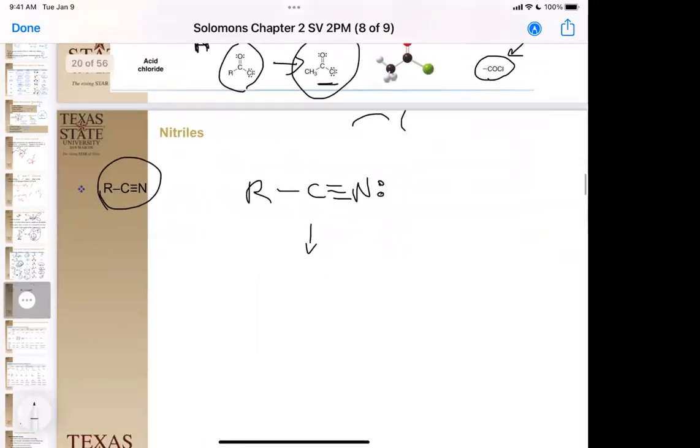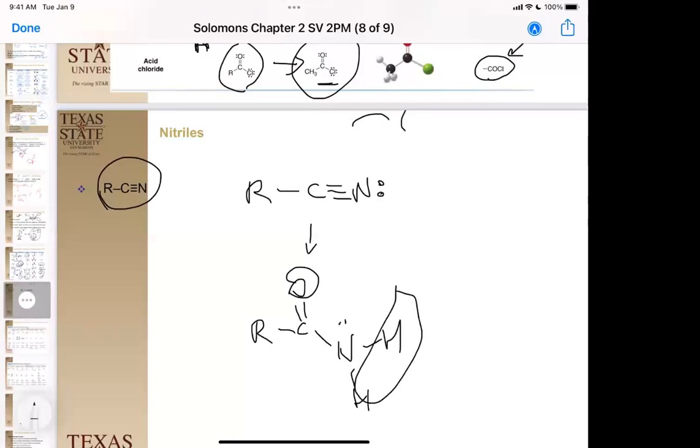Well, if we take this and redraw the amide, with hydrogen, hydrogen right here, and of course there's a lone pair, and we remove the oxygen and two hydrogens, that's going to give us water. Removing those two hydrogens and the oxygen gives us water, and that moves this double bond here, and leaves our lone pair, and we end up with our nitrile.